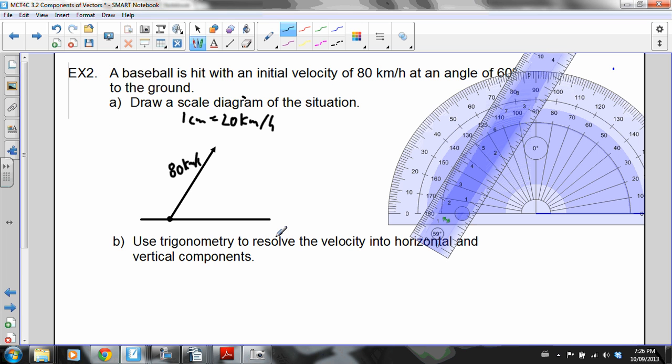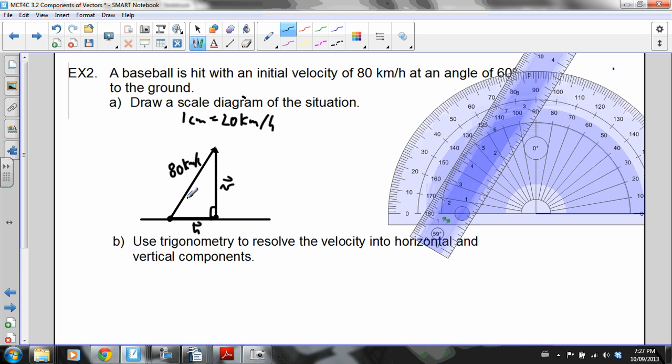It says, use trig to resolve the velocity into horizontal and vertical components. Okay, so part of this baseball hit was to go straight along the ground, and the other part was a straight pop-up, right? So we've got a horizontal component and a vertical component that meet at a 90-degree angle. I'm going to calculate these, right?